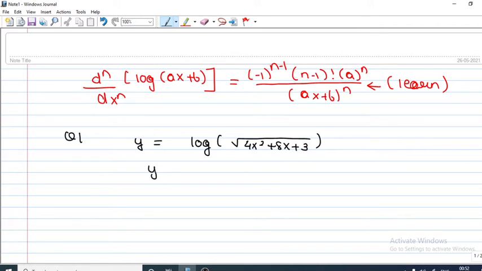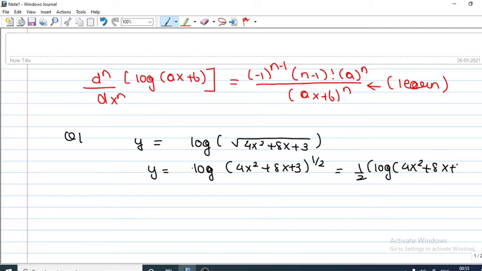In the next step, we can write it as log of 4x square plus 8x plus 3 the whole power 1 by 2, and move this 1 by 2 outside due to logarithmic properties. So we are left with 1 by 2 log 4x square plus 8x plus 3.